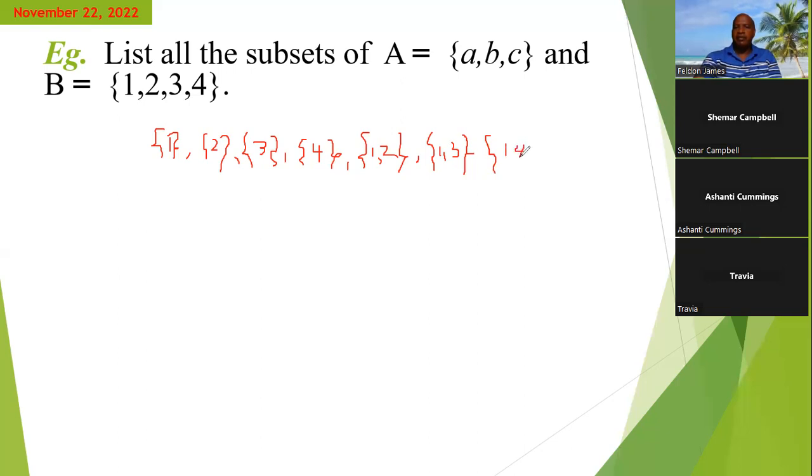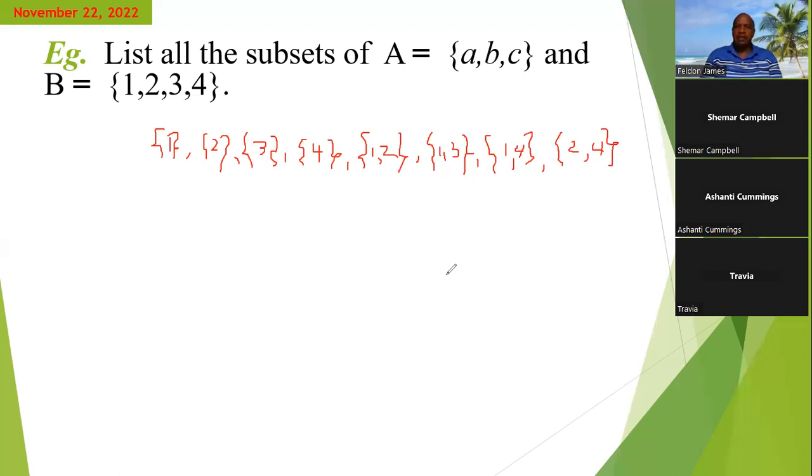And then 2 and 4. All right, so my question to you now, are all those the possible subsets that you can find? For now, sir.